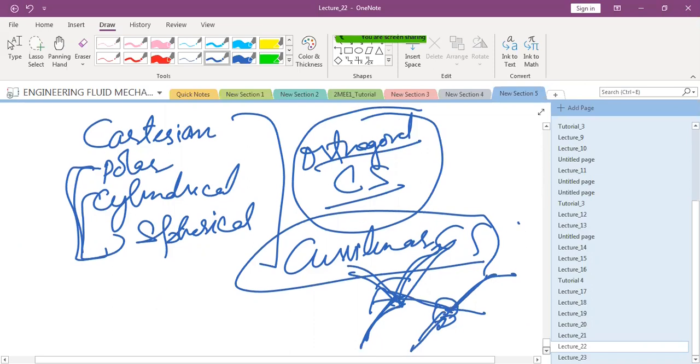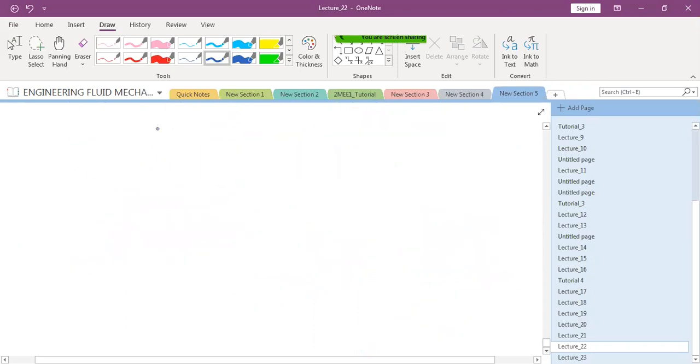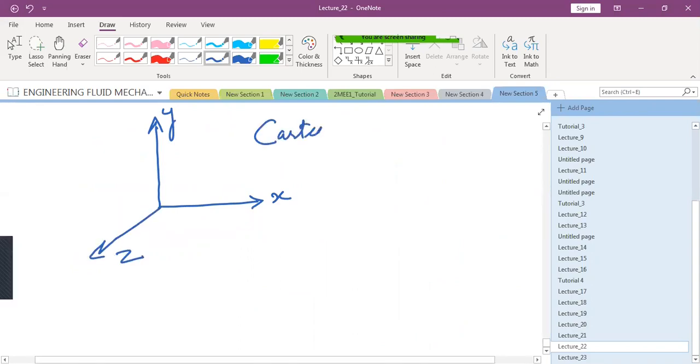So we now want to devise a method. Say I have this coordinate system, this is x, y and z. This is called your Cartesian coordinate system. And if I take a two-dimensional Cartesian coordinate system, it is like this.